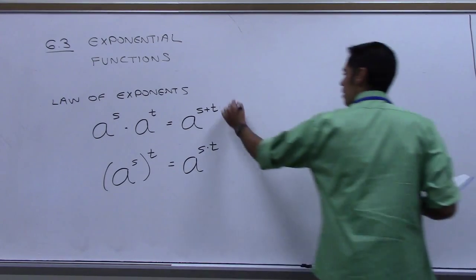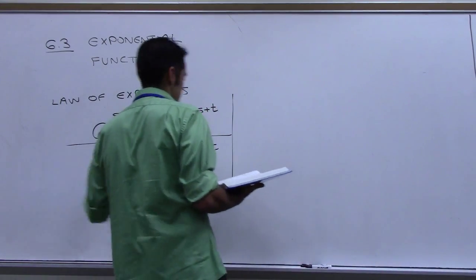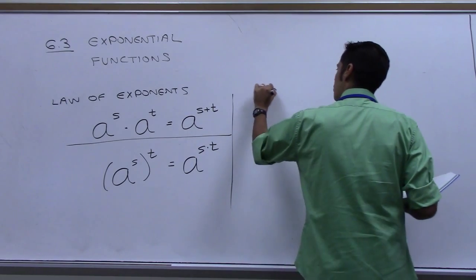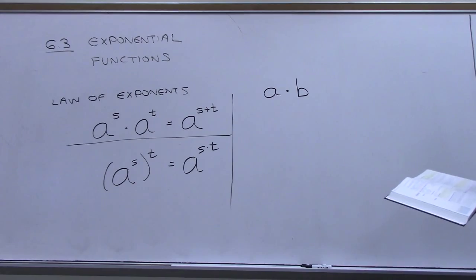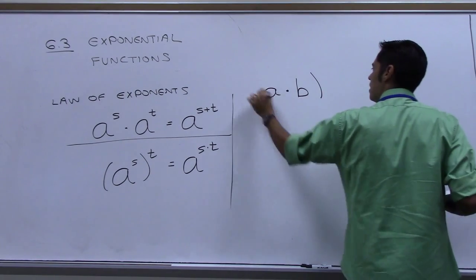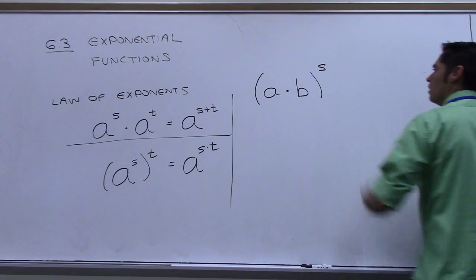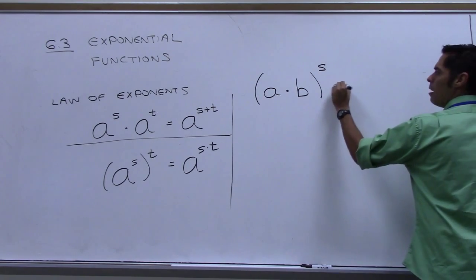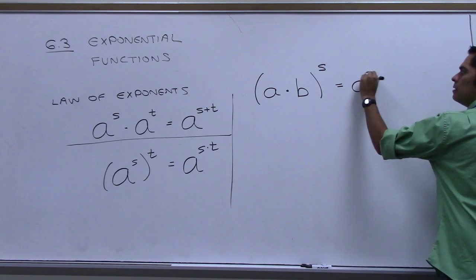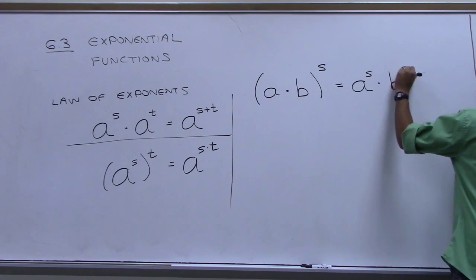Another law, those are two of them. If you have two different bases being multiplied, and you decide to raise these to a power, what can you do with that power to remove the parentheses? You can apply the power to both the a and the b separately.